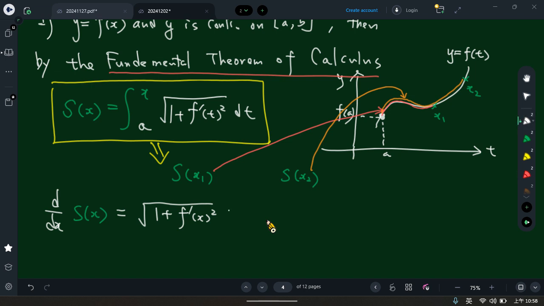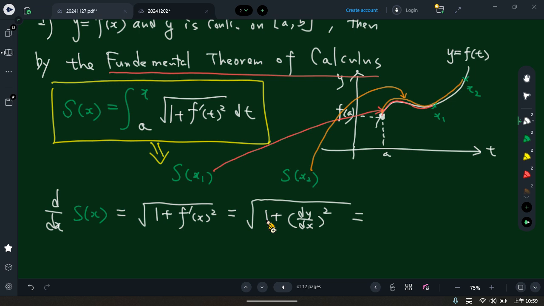So we can continue to convert it as the square root of 1 plus (dy over dx) squared. Then if you just treat them as differentials, do you remember I told you that dy over dx is not just about differentiation? You also can treat dy and dx as variables.